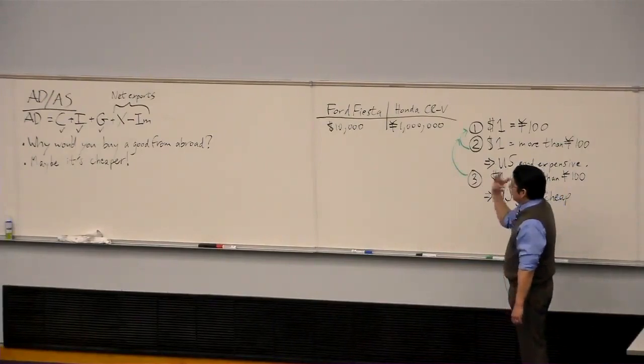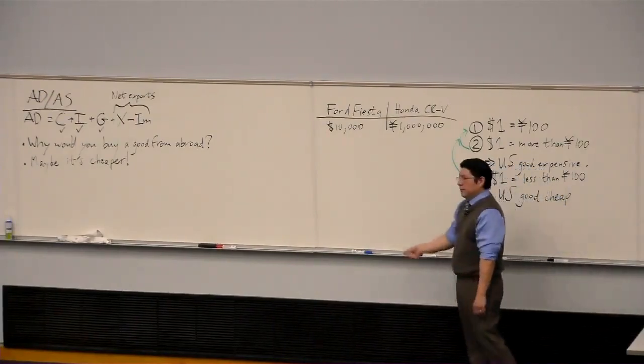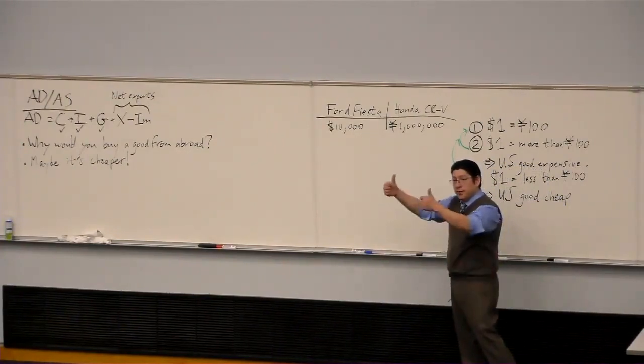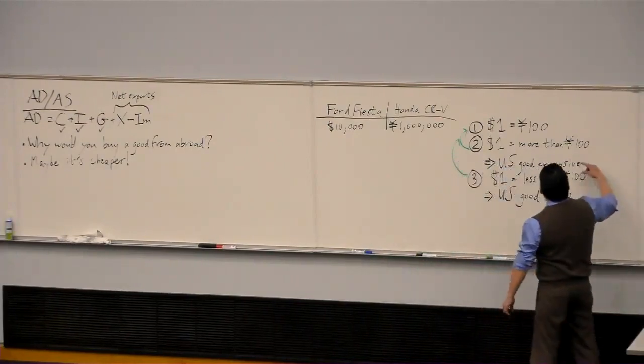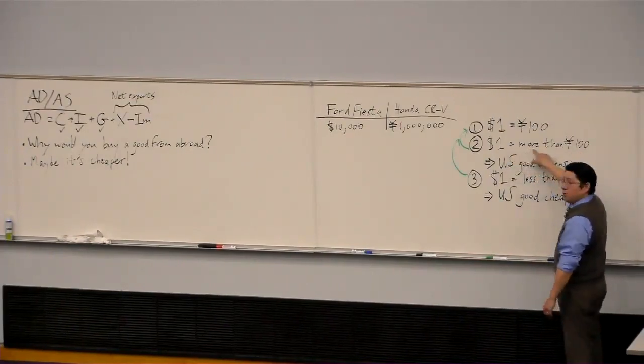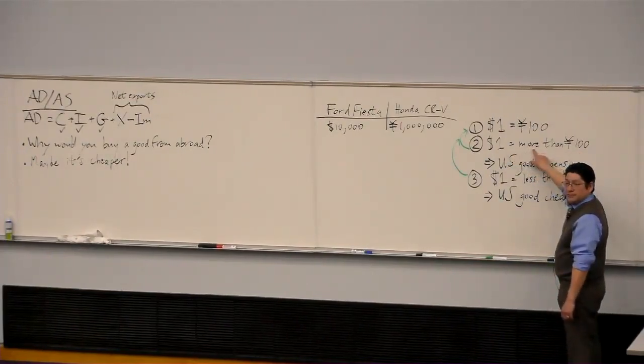The Japanese version is cheaper, so you want to buy it, but in order to buy it, first you have to buy Japanese currency, which does what to the value of the Japanese currency? Should go up. And if the value of the Japanese currency goes up, well then a dollar isn't worth more than 100 yen anymore. It's pushing you towards this situation.